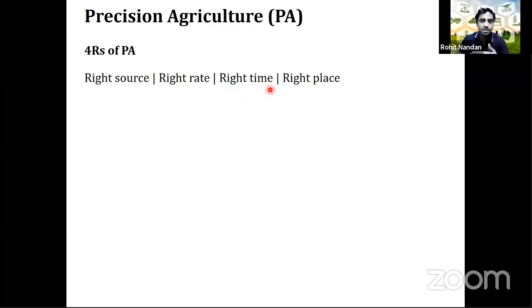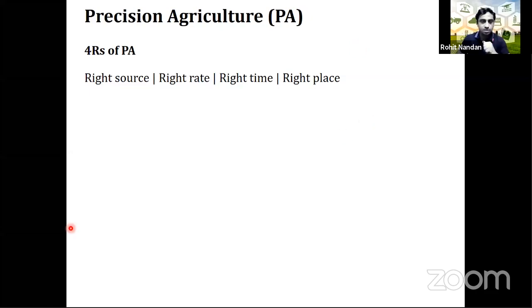Right time, in which timing we should apply the fertilizer or water or other resources, pesticides and other resources. And right place, in what exact location we should apply those resources. So these were the four R's which were very famous and were the main components of precision agriculture.